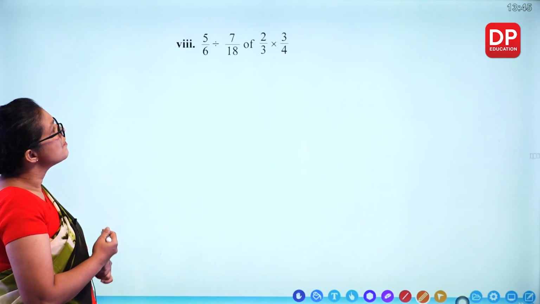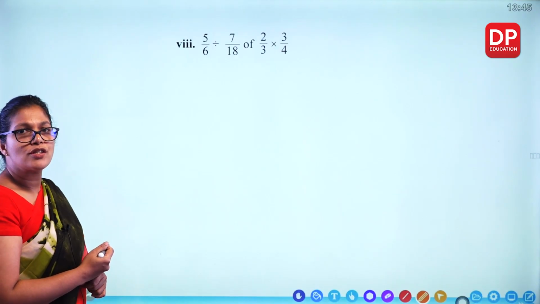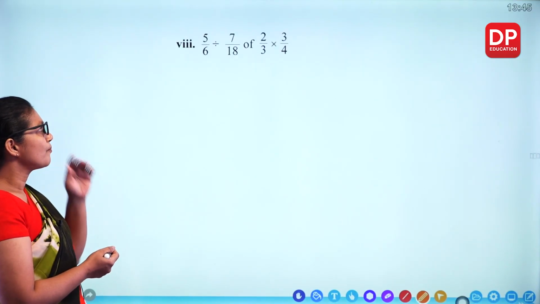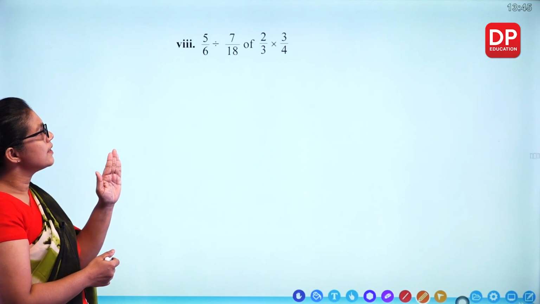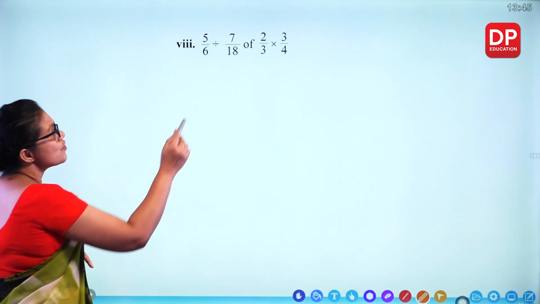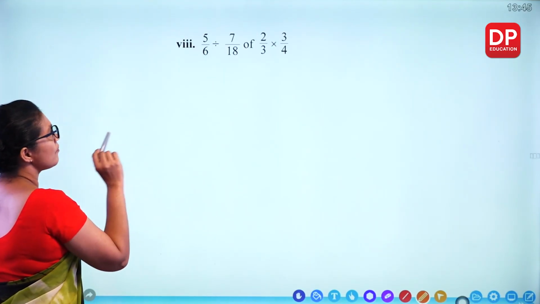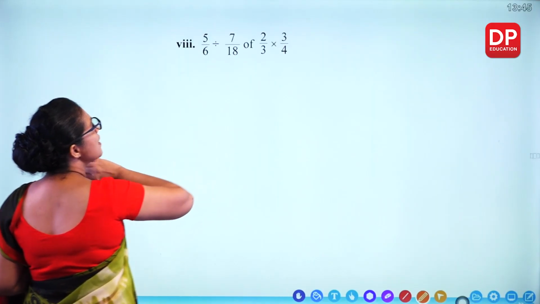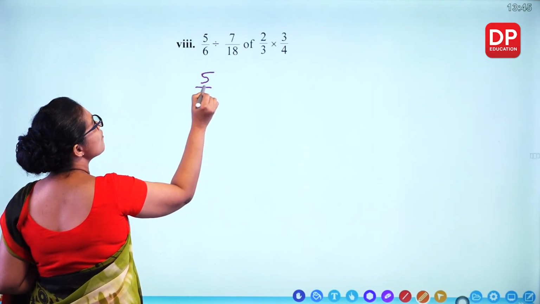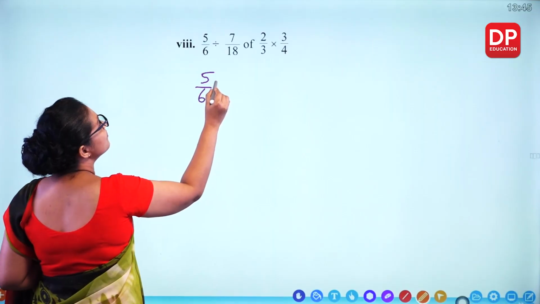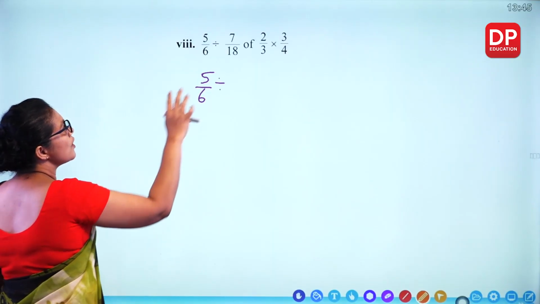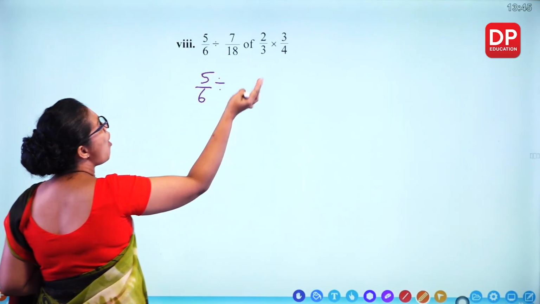Now division and multiplication. So what is the first step? From left to right. You can first do the 'of' and then division and multiplication. So we can write 5 over 6 divide by, what is 7 over 18 of 2/3.